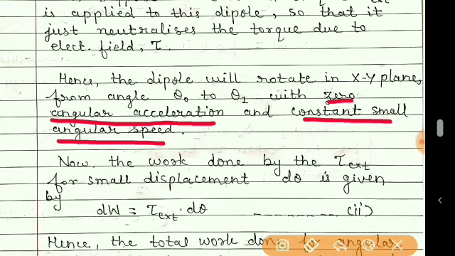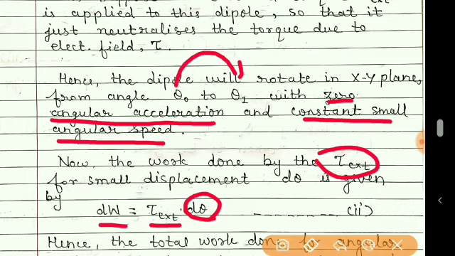Now the work done by this external torque is given by dW is equal to external torque into small displacement d theta. See here, actually we are going to displace from theta naught to theta 1, but first we will consider a very small displacement, so the work done for that will also be very small, denoted by dW.